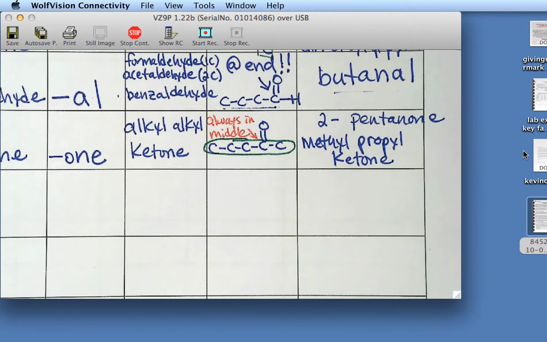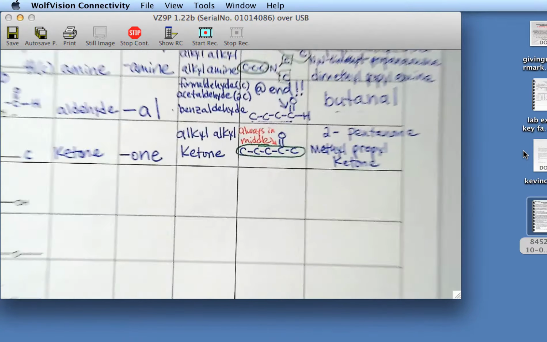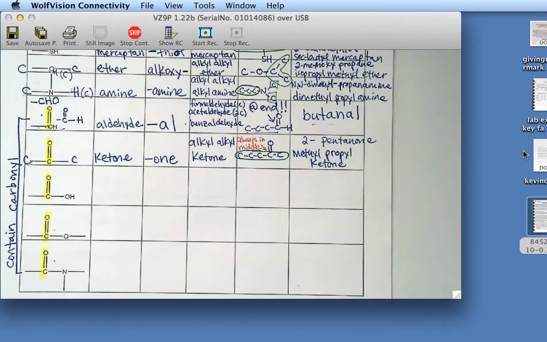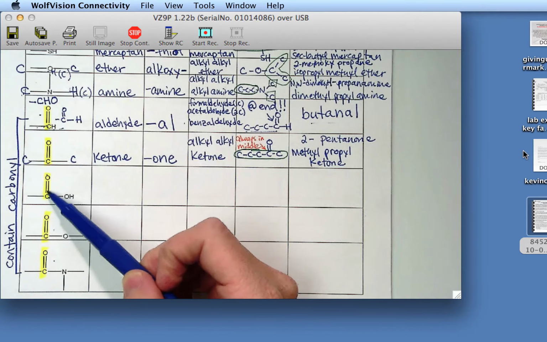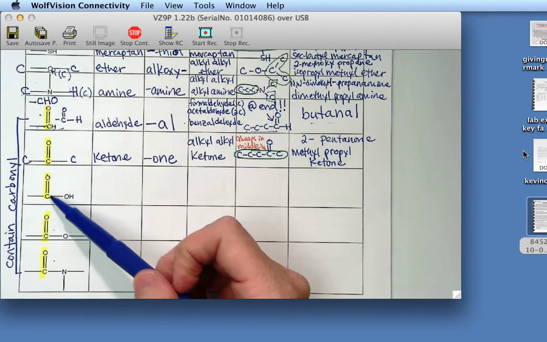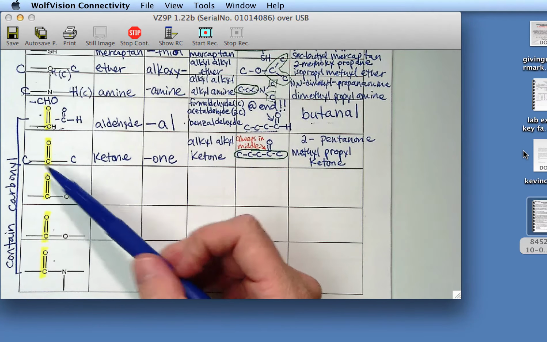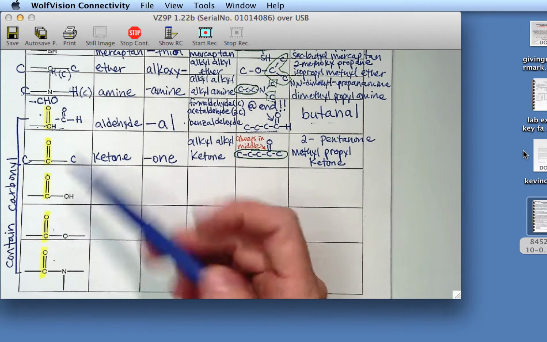Alright, so that's ketone. The next functional group that contains a carbonyl, C double bond O, OH. So it looks like a carbonyl and an alcohol together. So this is called a carboxylic acid.